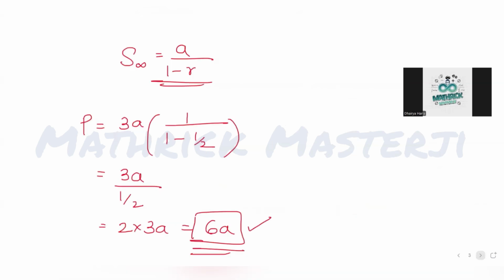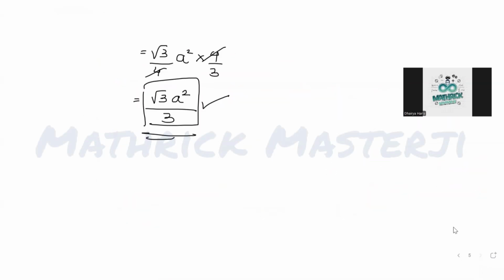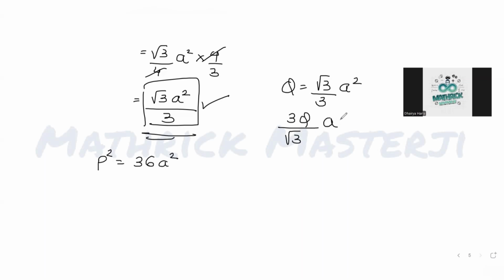So let's first find P square directly. I know P is 6a, so P square will become 6a the whole square, so 36a squared, right? And now from Q, I can figure out a square: 3Q over root 3 is a square.